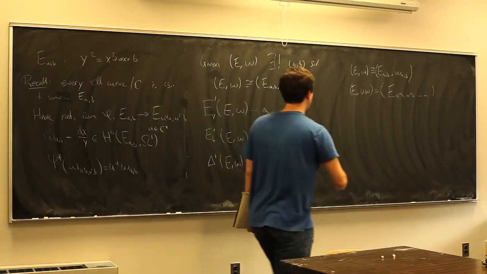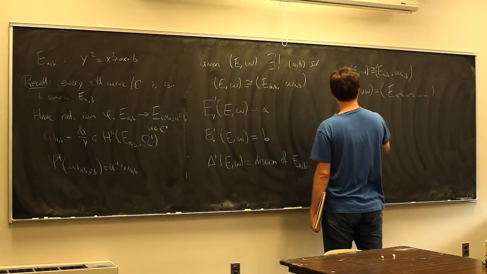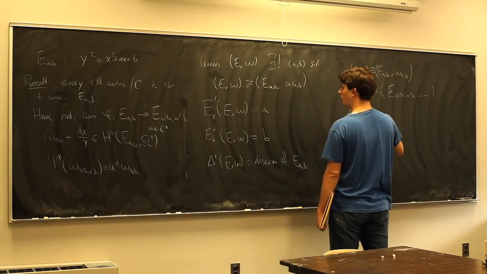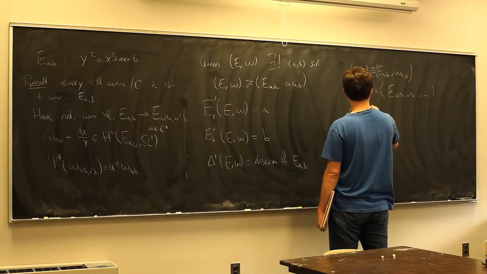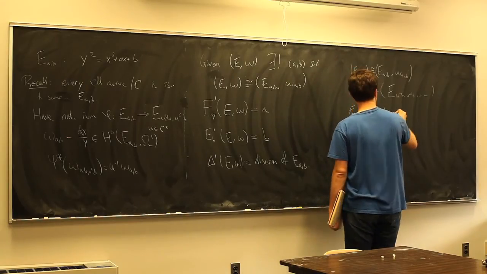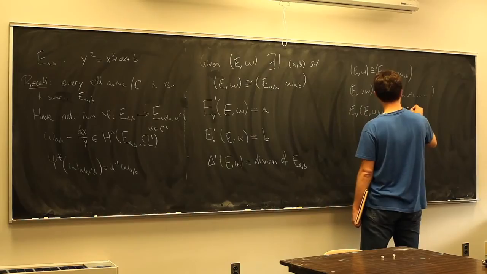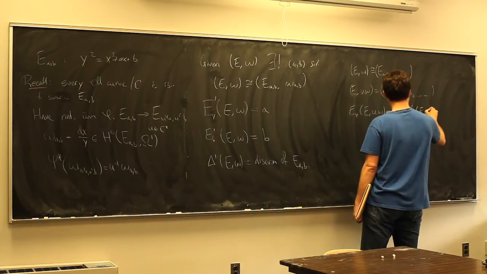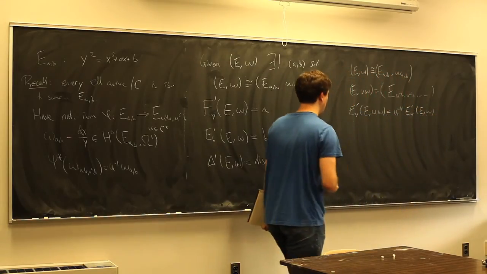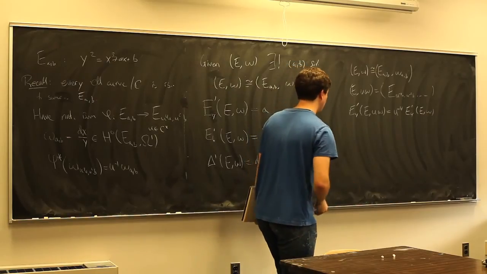And so that means that E4 prime of (E, u omega) is u to the minus 4 times E4 prime of (E, omega). And with a 6, it scales in the same way.